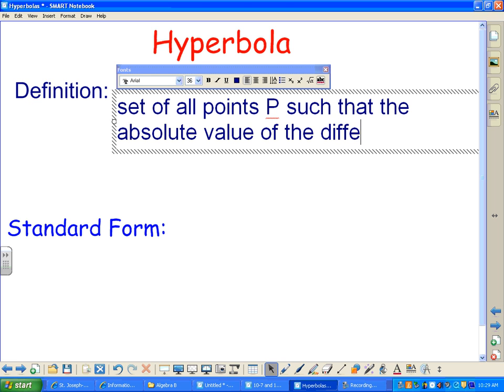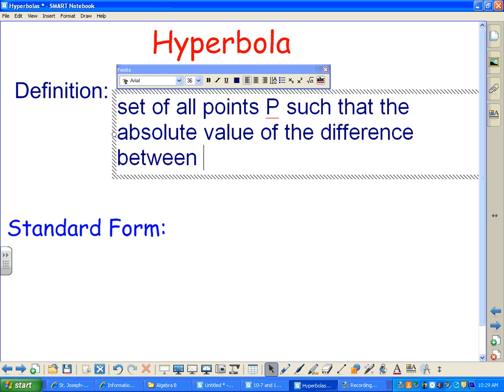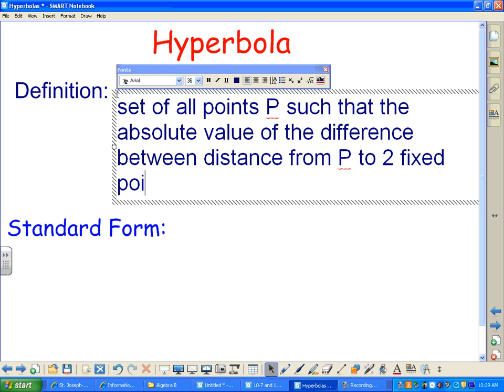Difference between the distance from P to two fixed points.